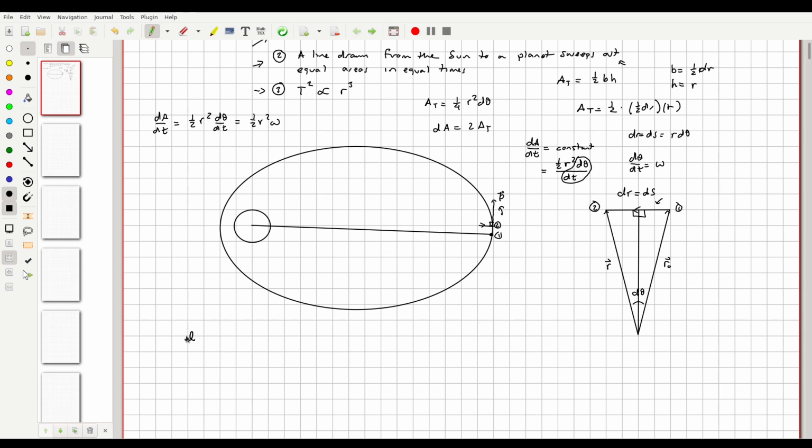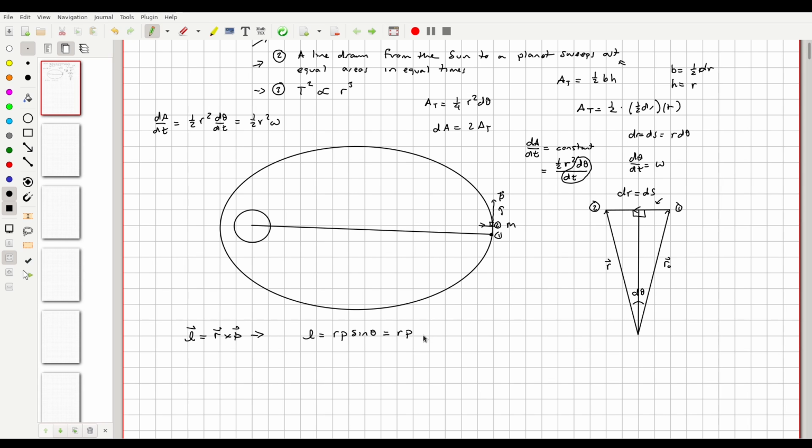The angular momentum and magnitude, in this particular case, we'll say this planet has a mass of m, which we'll do as a vector initially, r cross p, or we know from a magnitude standpoint, r times p times sine of the angle in between. But here, the angle is 90 degrees, r times p.